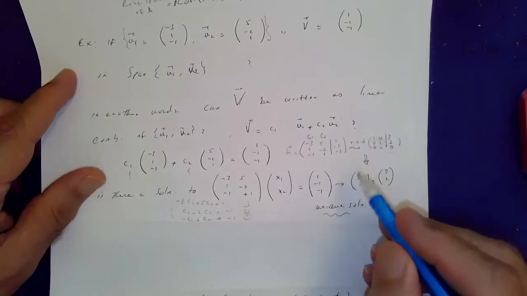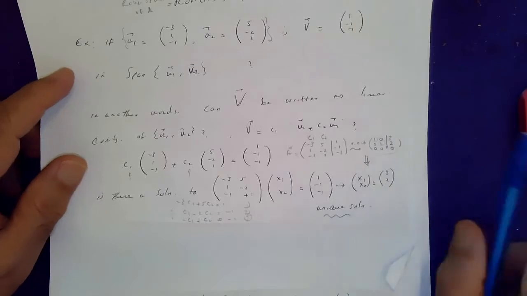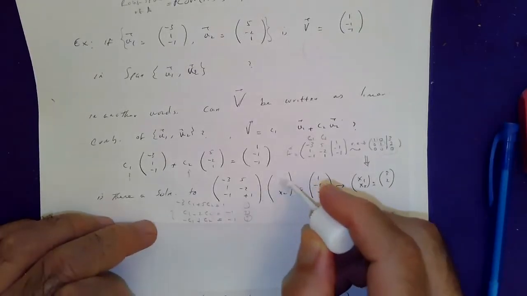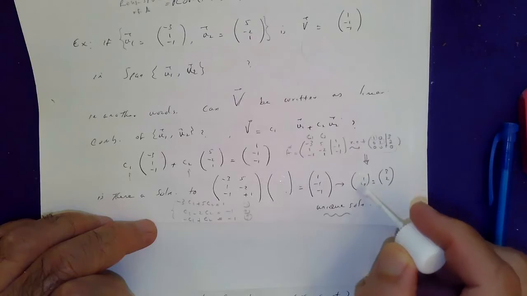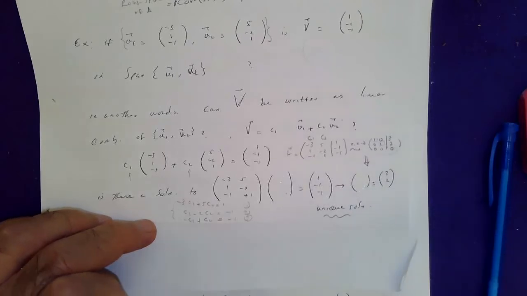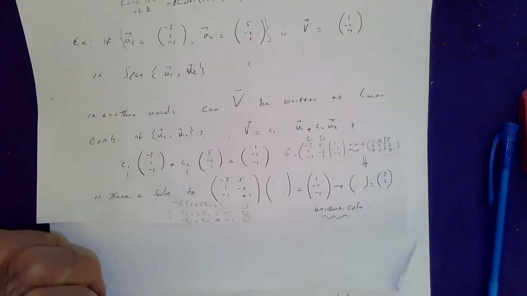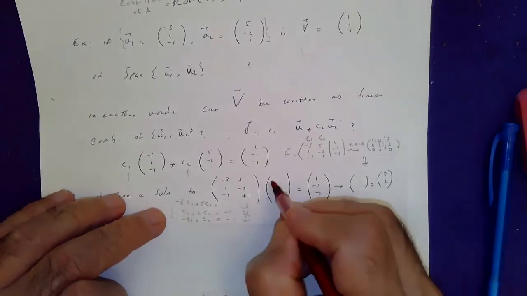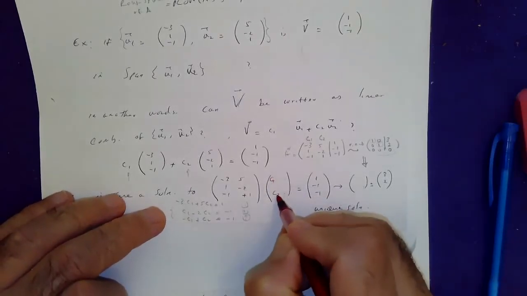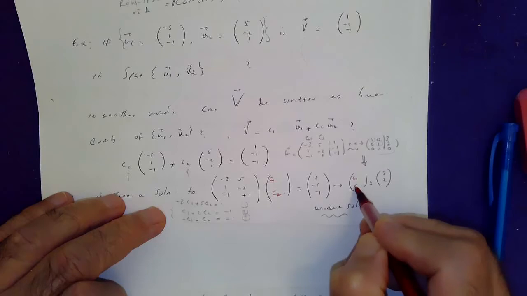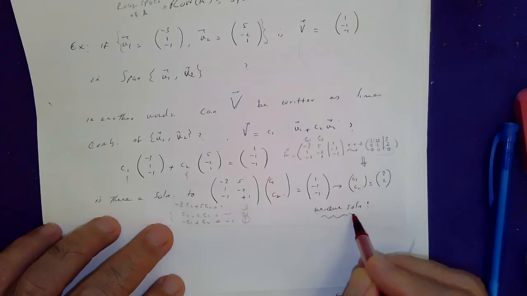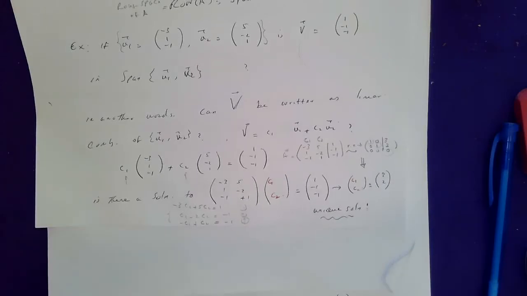Incidentally, this should read C1, C2, because that's what we're trying to solve for. So C1, C2, believe it or not, comes to 3, 2, so we have a unique solution.